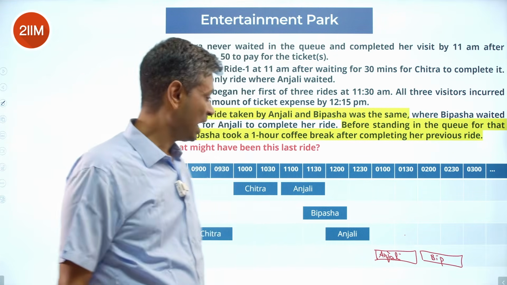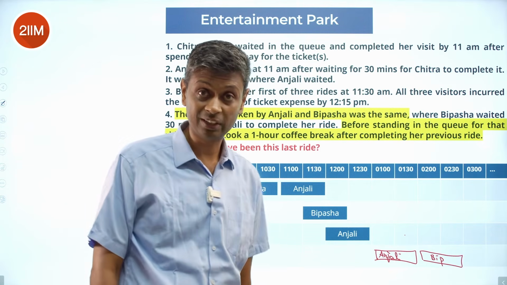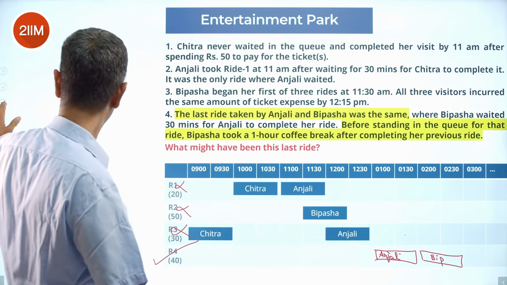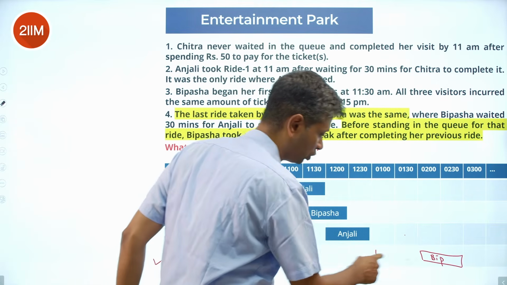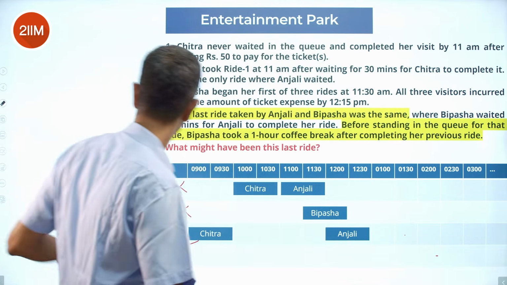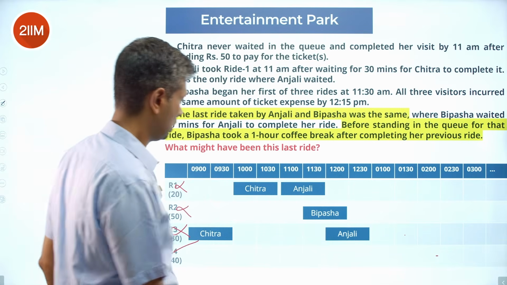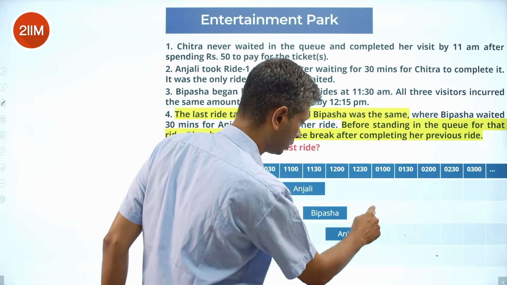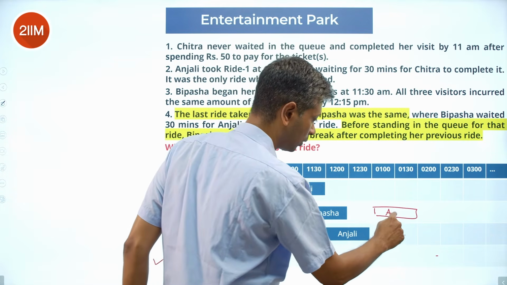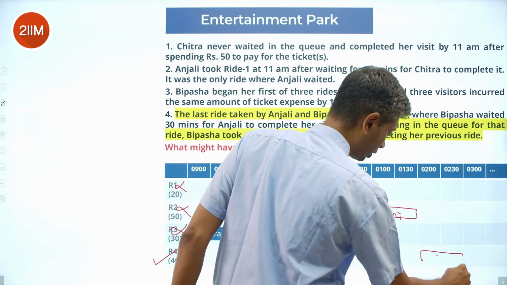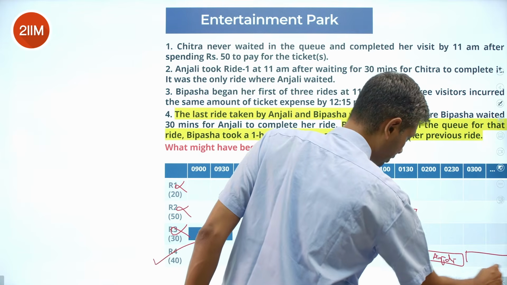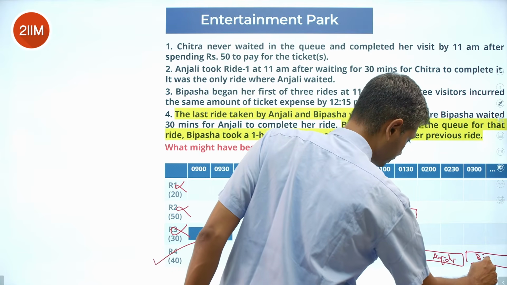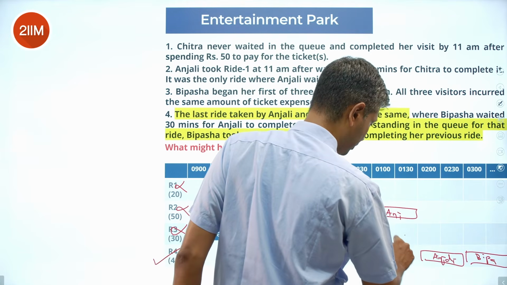That means Anjali didn't go from here to here directly. What Anjali should have done is not this. After this, Anjali goes here and then goes here. Bipasha ends here. She waits for half an hour.